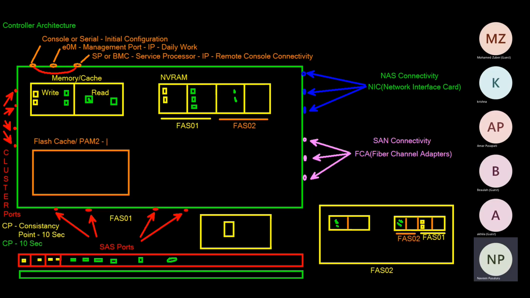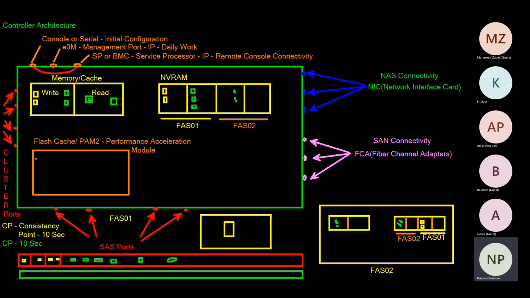Okay, PAM stands for Performance Acceleration Module. In an earlier generation we had a PAM. Now they introduced a new generation of PAM called PAM2. That's it. Nothing else. Which is an improved version of the flash cache. Again, we can call it either PAM or flash cache. It has two names.